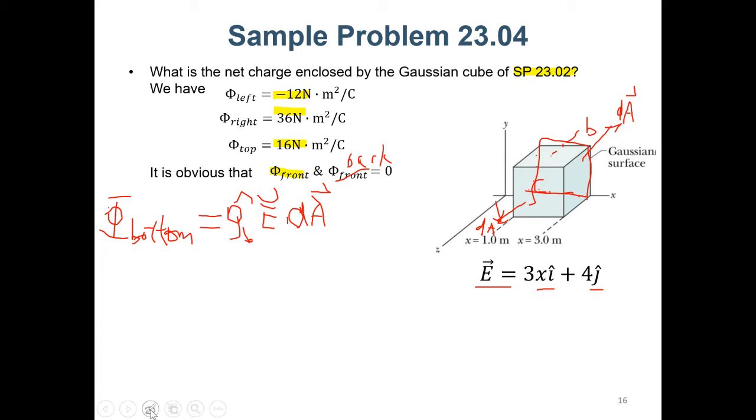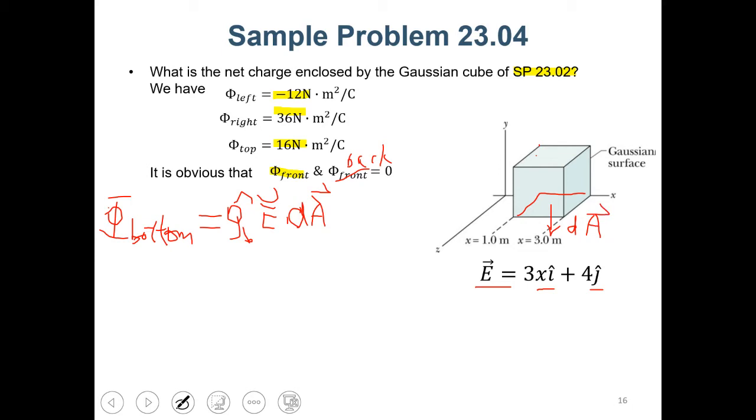So let me just erase this out. Okay, so for the bottom part, dA should point to the negative Y direction, so it is dA multiplied by the minus j vector.